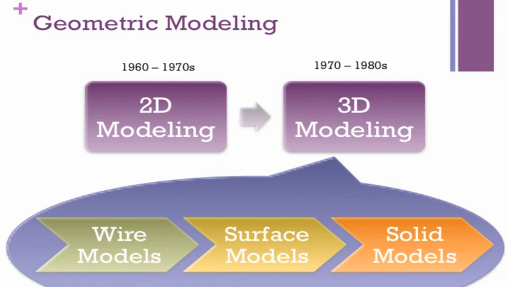There are basically three types of 3D modeling: wire models, surface models, and solid models. Currently you won't really be seeing wire models, but in the present day you will still see surface models and solid models.